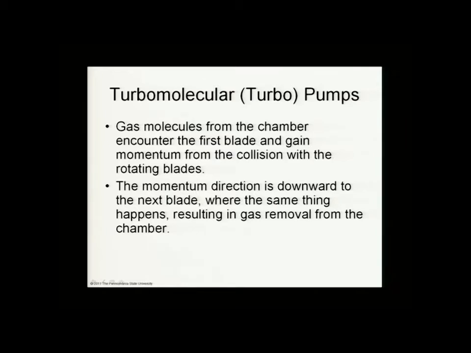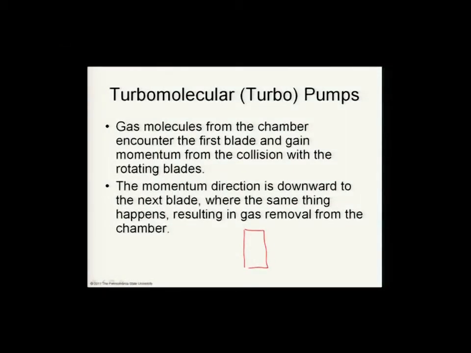So a turbomolecular pump has the molecules from the gas chamber. They are flying around, and they encounter the first blade, gain momentum in the direction we want them to have momentum in, and then they start moving through this succession of blades. The momentum direction is downward to the next blade. This assumes that the pump is oriented this way, so downward.